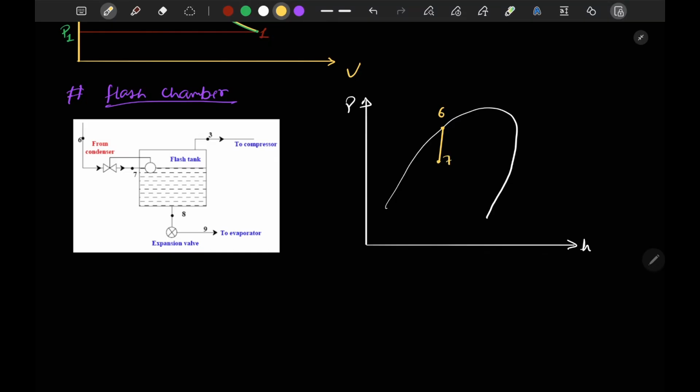Now from point 7, we didn't directly throttle it to point 8, but we have taken the liquid refrigerant at that pressure, which is at state 8, to state 9 after throttling, and then we send it to our evaporator. And this is the condenser.